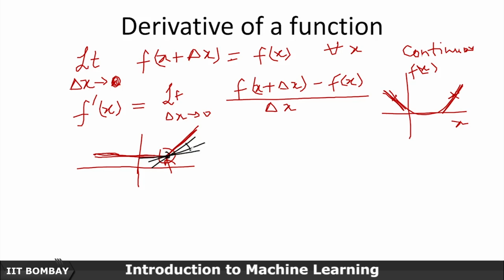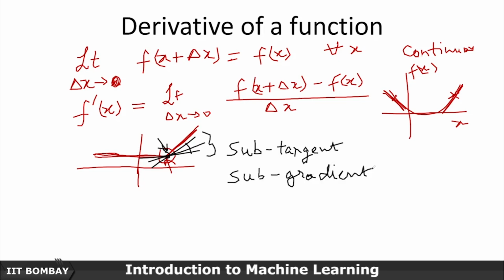So, for all these points there are different slopes, and as long as we pick a slope such that this line stays below the curve at this point, then what we can say is that these set of lines are called not tangents but subtangents, and their set of slopes is called subgradient. So, sometimes we will use this property when we are studying machine learning, that the subgradient of this function is defined everywhere.